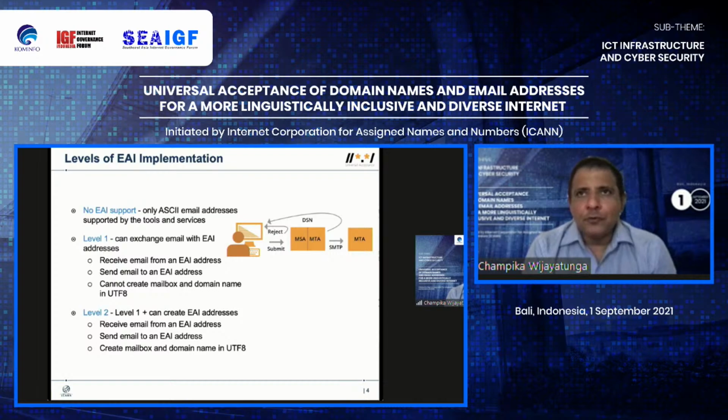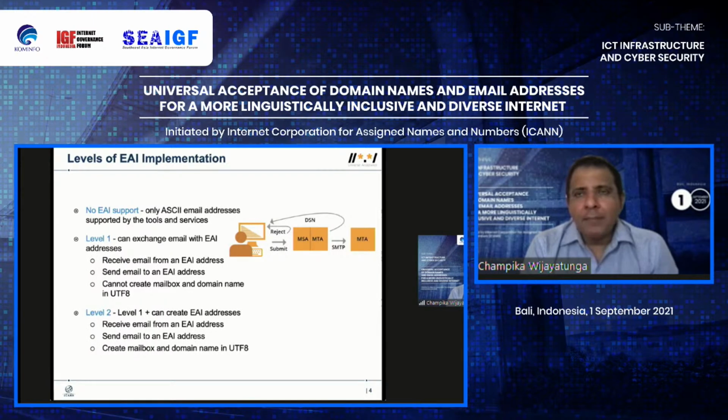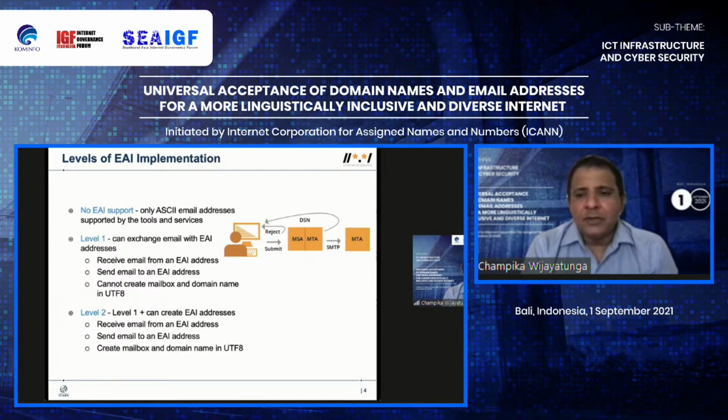For example, if you go to a certain mail program, or a public domain mail program, and you can't really create an email ID based on EAI, or you can't create a mailbox, then we would not put this into that support category. This is where we say we can only have level 1.